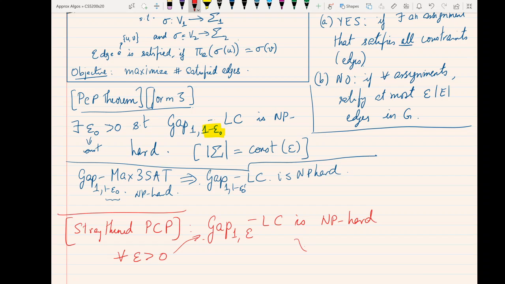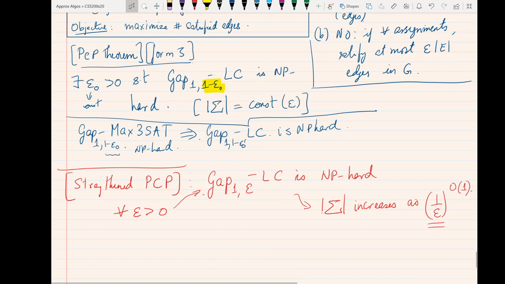The trade-off is that the alphabet set size of the label cover increases. So if I remember right, this increases as something like 1 over epsilon raised to some order. But notice that for epsilon being constant, this is still a constant. Again, the details are not really crucial to us. It will be somewhat crucial if we see the reduction to set cover, which I don't think I'll have time for in this lecture.